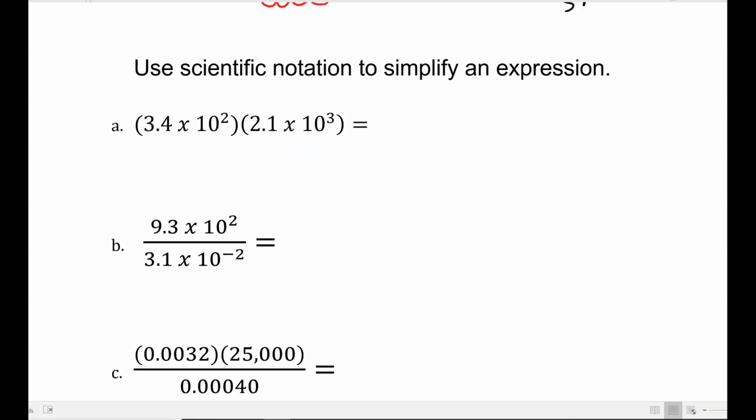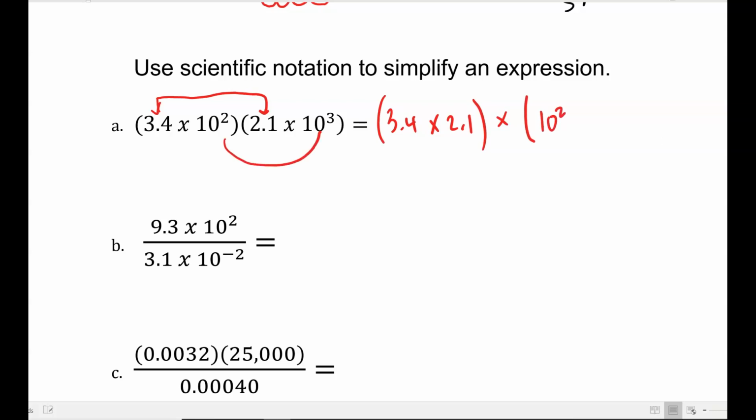For example, you can multiply the 3.4 times the 2.1 together. You can write that together. And you can also group the 10 squared and the 10 cubed together if you wanted to. Now, again, obviously you can put this in the calculator, but 3.4 times 2.1 on your calculator is 7.14.